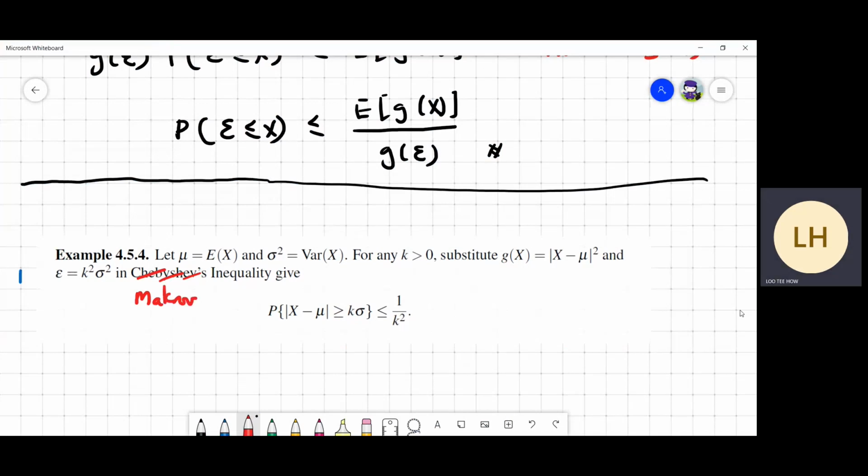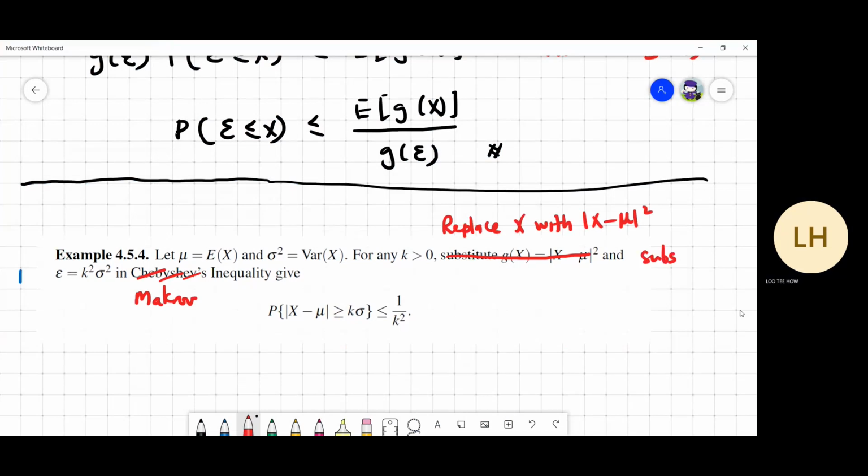And we replace x with x minus mu square, and substitute. Okay, all right, so that's it. Please make a correction for the statement in the lecture notes.